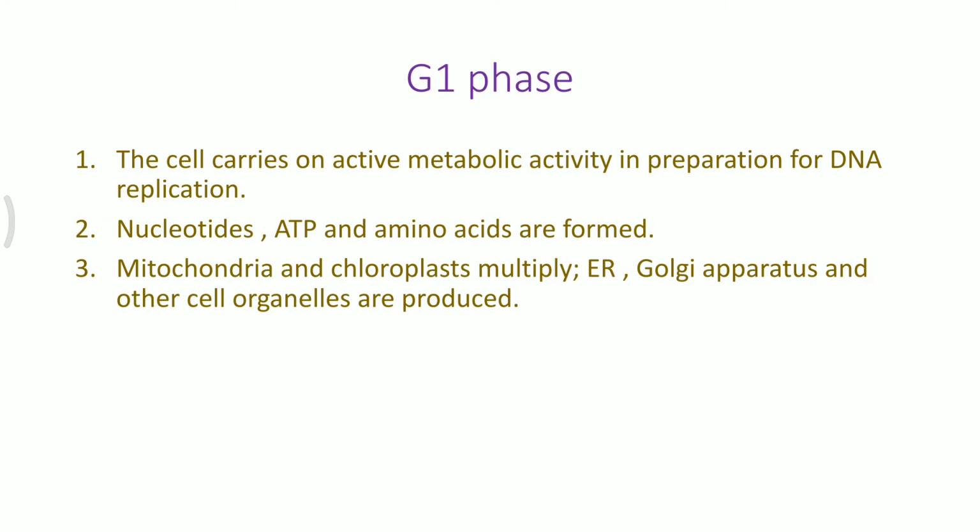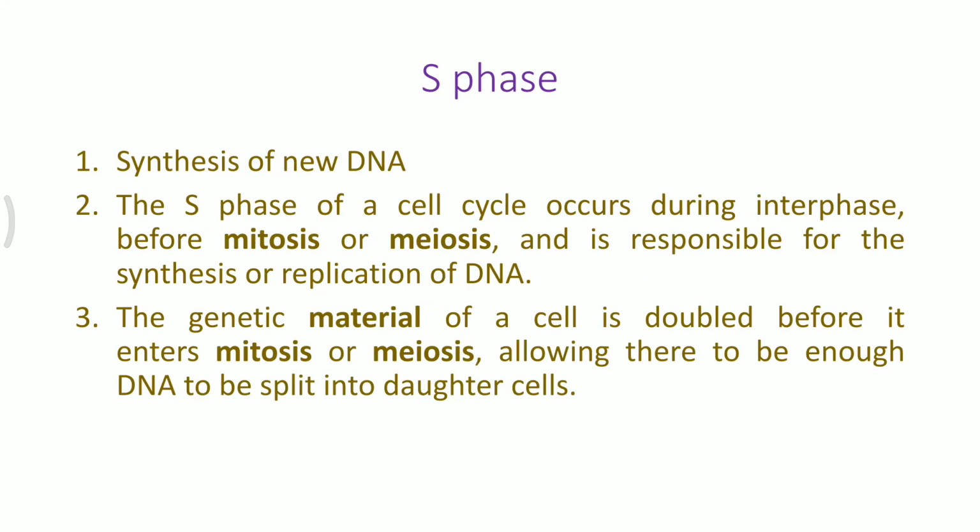Here, the synthesis includes every kind of protein present inside a cell, and all those proteins are getting duplicated. So generally, G1 phase is a phase in which most of the cellular organelles or the cytoplasmic content is getting duplicated.